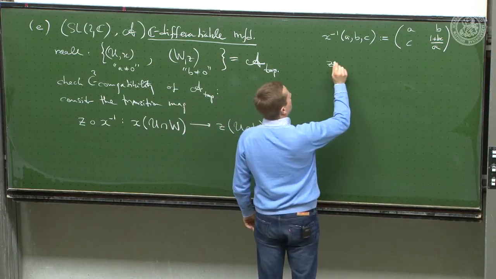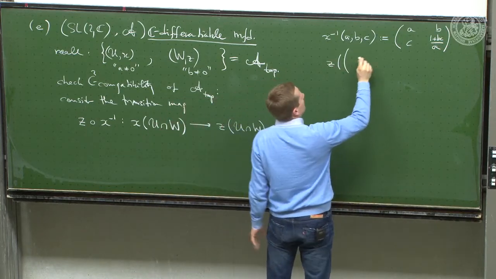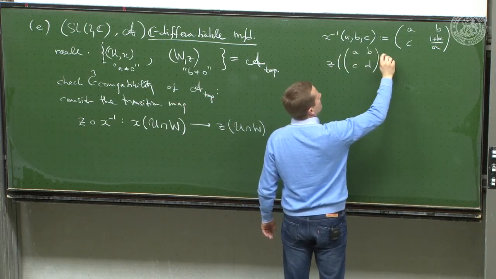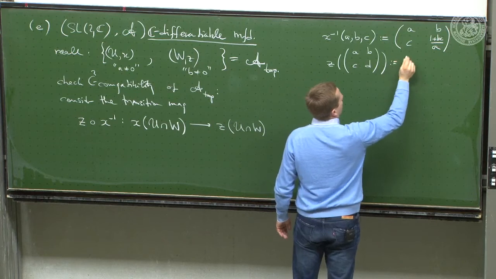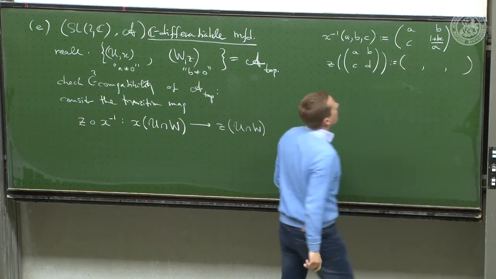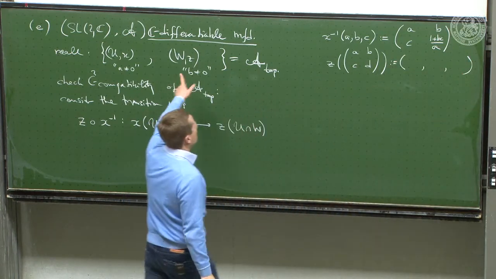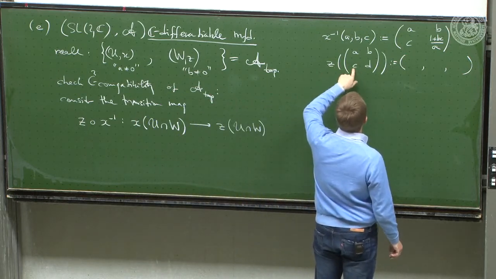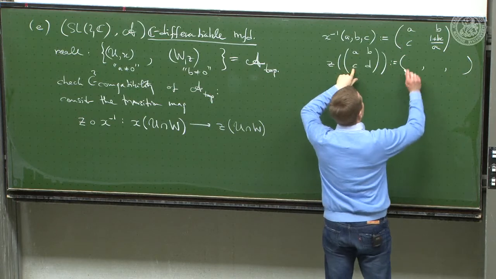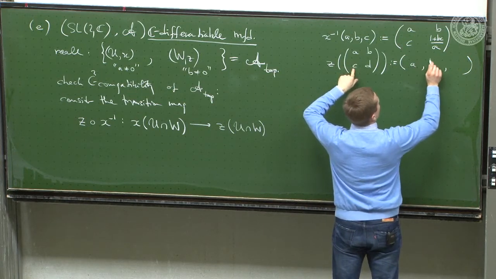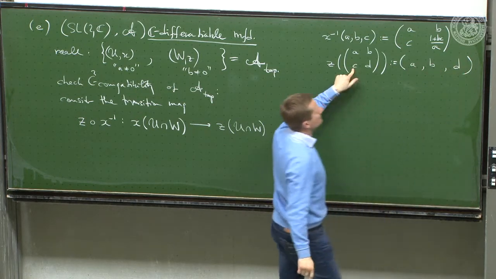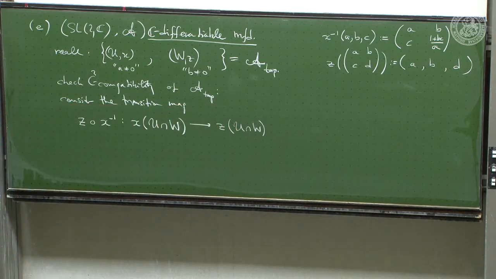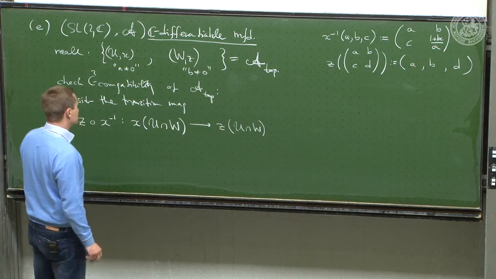And the Z map, the opposite direction, took an element A, B, C, D in SL2C and mapped it to the coordinate triple where B was non-zero. That is, I could reconstruct the C, so it went to A, B, D. Is that what we wrote down? Yeah, okay, thank you.